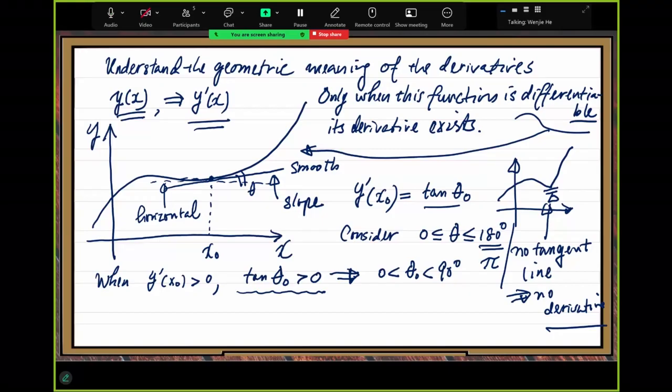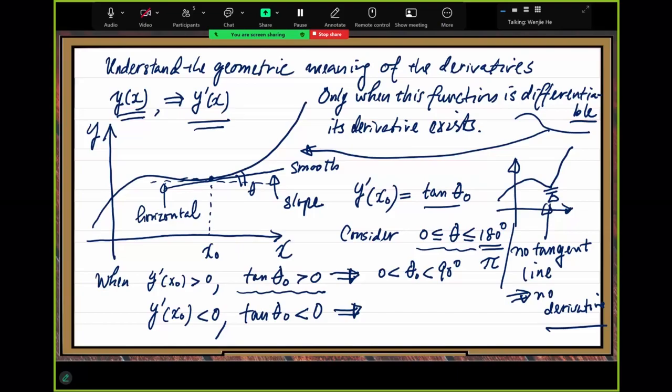Then similarly, when the derivative is negative, that means tangent theta is negative. Then the range for theta is the other half, the complementary part.